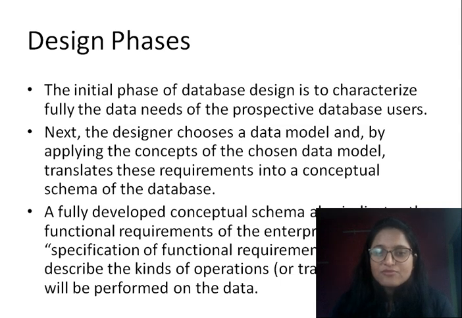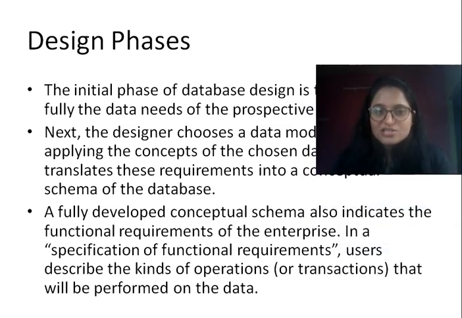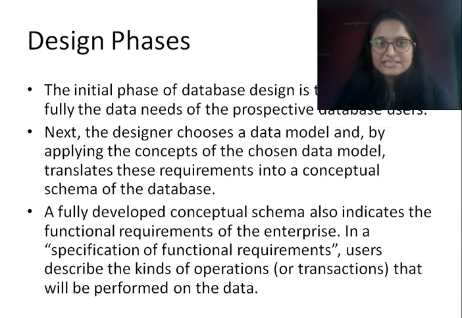A fully developed conceptual schema also indicates the functional requirements of the enterprise. In a specification of the functional requirements, users describe which kinds of operations or transactions will be performed on the data for that database. So this is termed the design phase of the database.